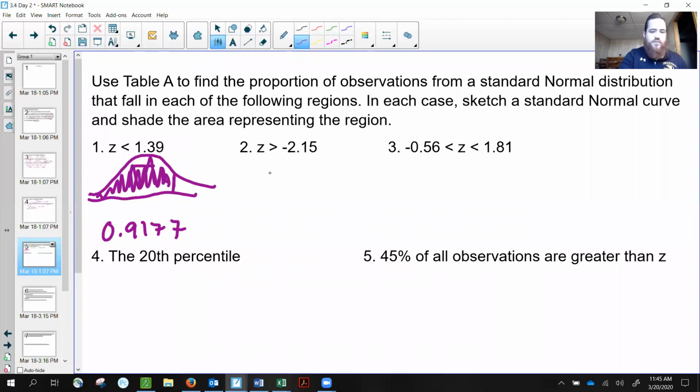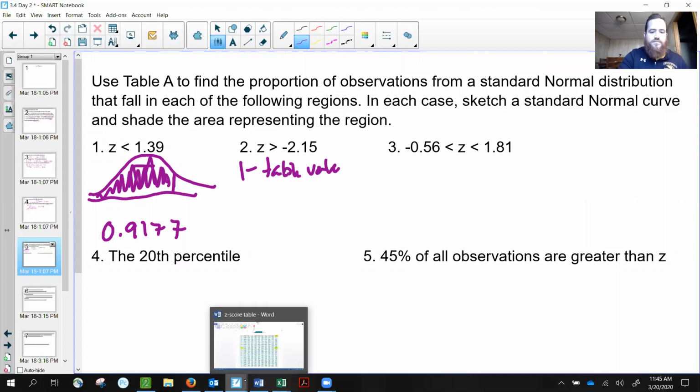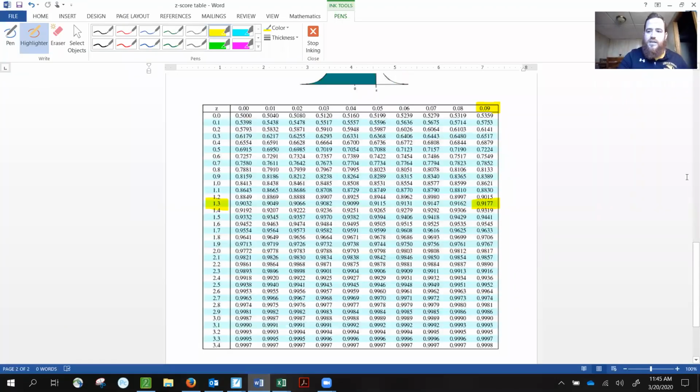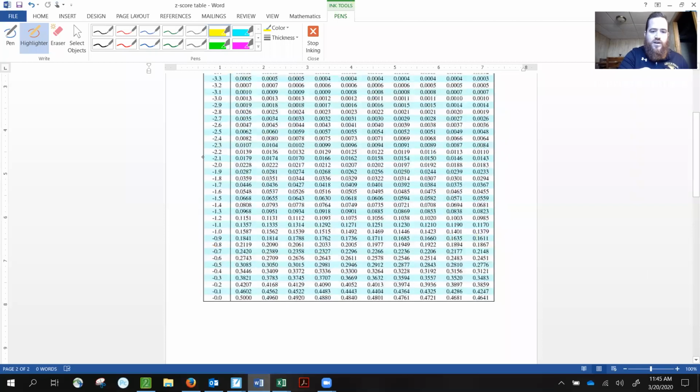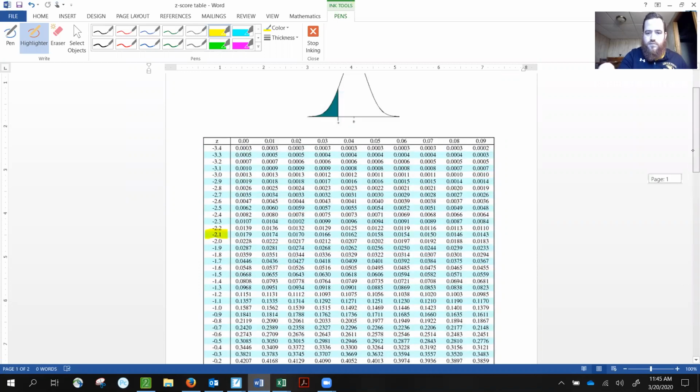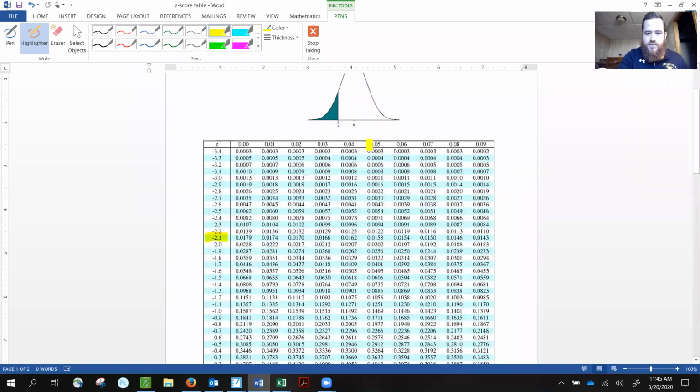Greater than. Remember, this is 1 minus the table value. So let's find our table value for negative 2.15. Negative, so go to the other side. Negative 2.1, 0.5.